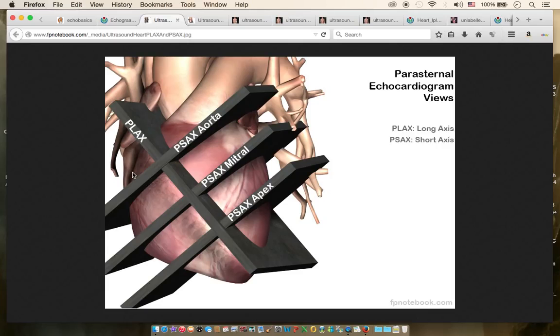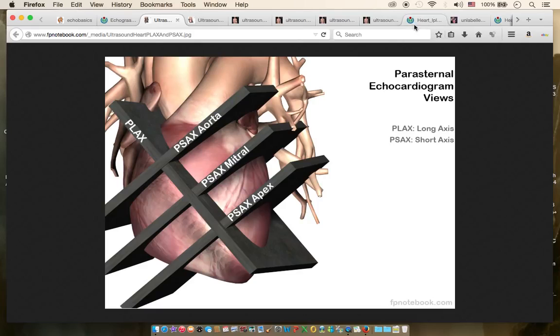So we have here the heart, and you see this is the parasternal longitudinal axis. We cut the heart longitudinally from the apex to the base. What are the structures I should see?